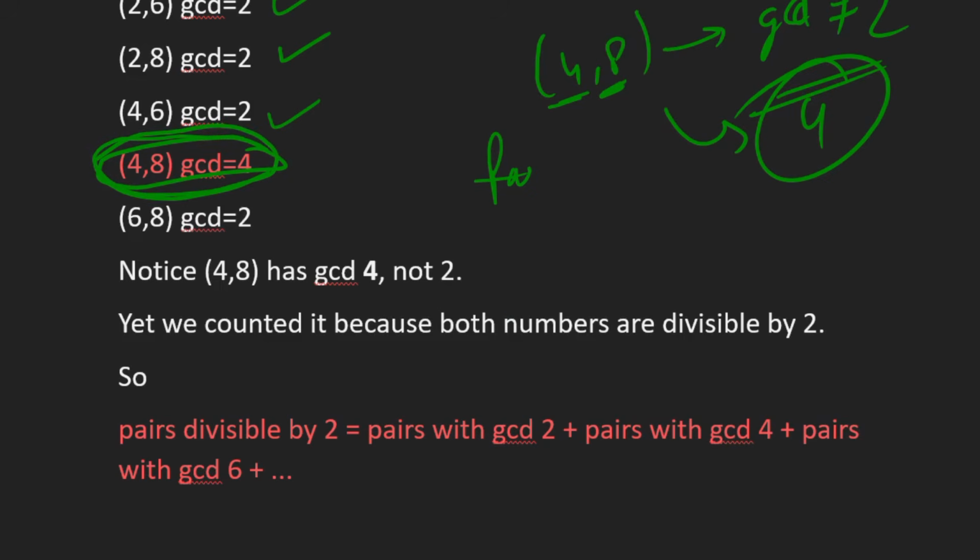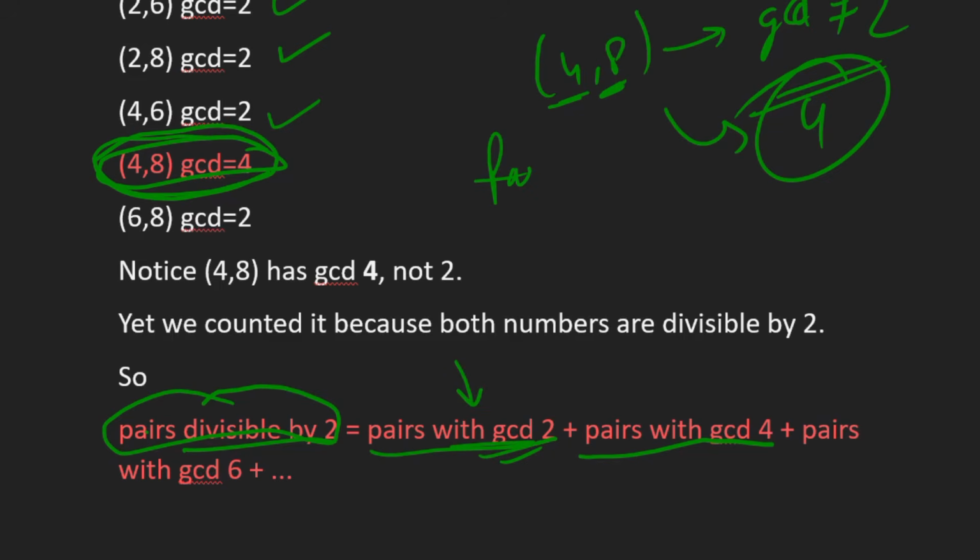So the pairs which are divisible by 2 will contain the pairs with gcd 2, pairs with gcd 4, pairs with gcd 6, and so on. The pairs that are divisible by 2 don't necessarily all have gcd 2 only.